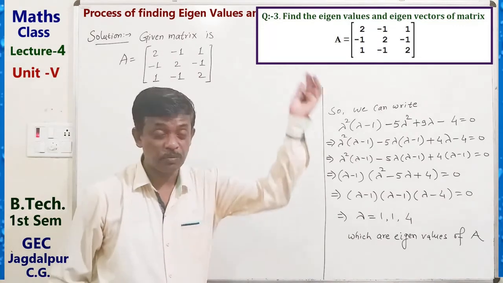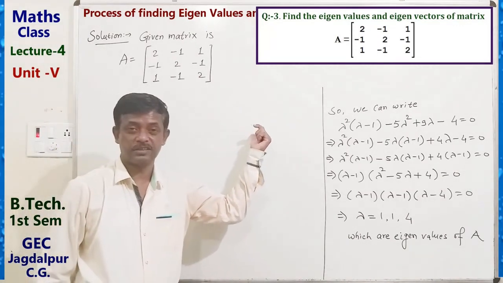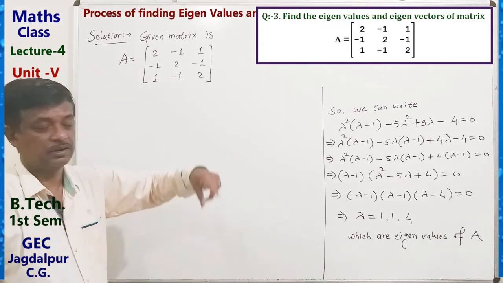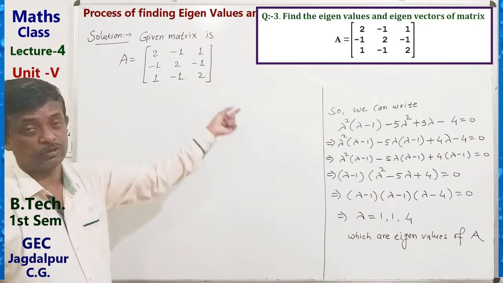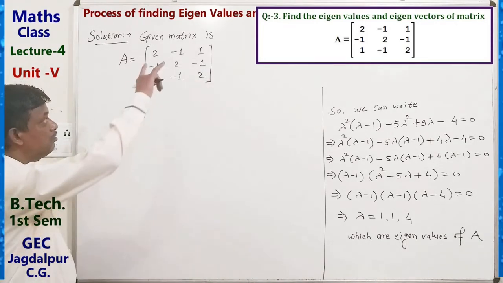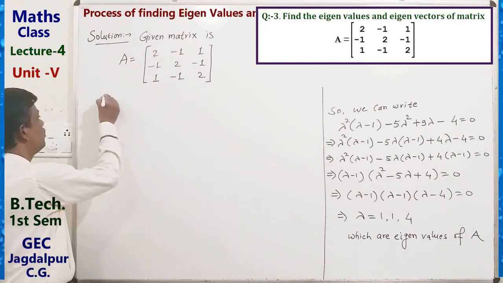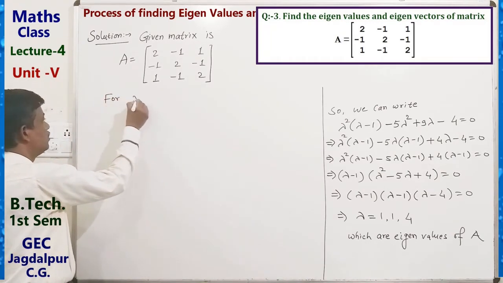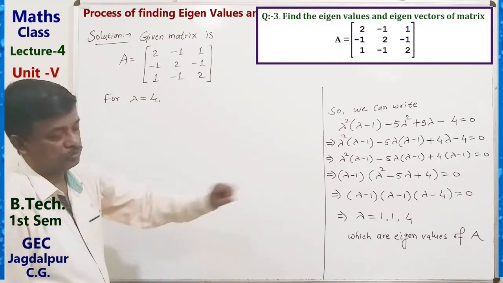We know there is a property for equal roots of a symmetric matrix: eigenvectors for different eigenvalues should be orthogonal. By using this condition, we can get eigenvectors for equal roots. Here for lambda equals to 4 now, first for 4.